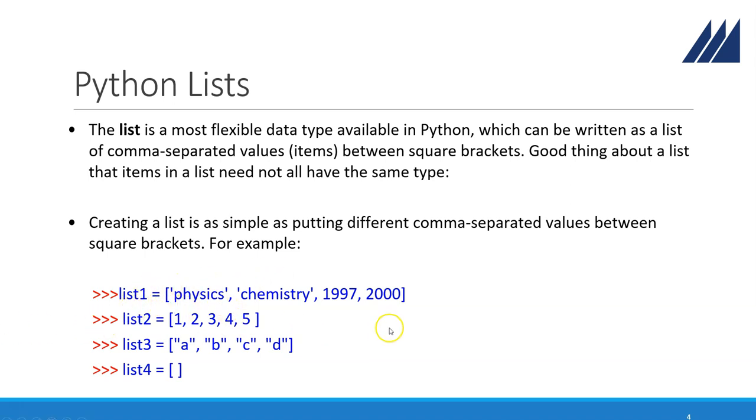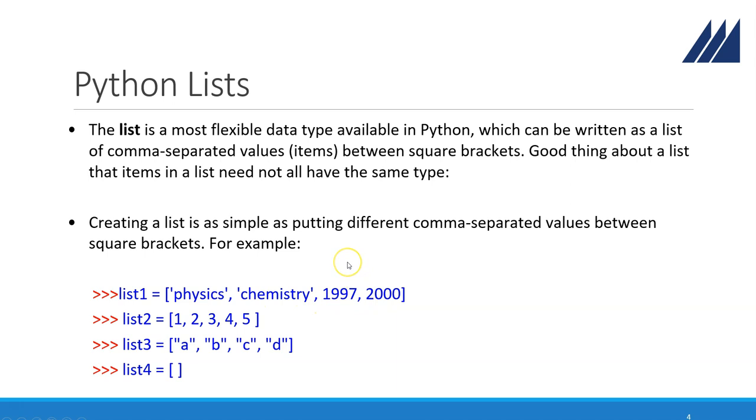So in Python, I'm saying that this is a variable name or an object name called list1, and once I put the square brackets, Python will understand this is a list. Every item I have in the list has to be separated by a comma. In this list, I have 4 items. The first 2 items are strings. The last 2 items are numbers.